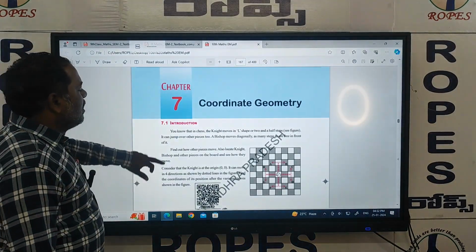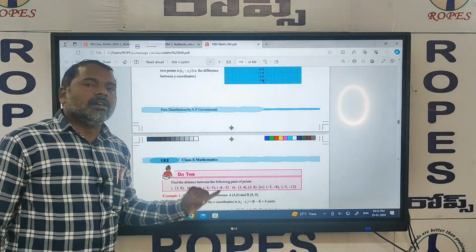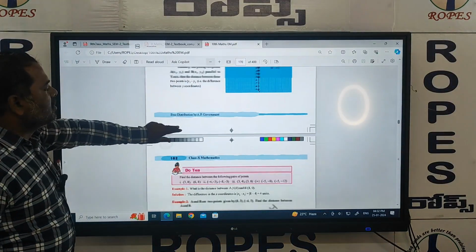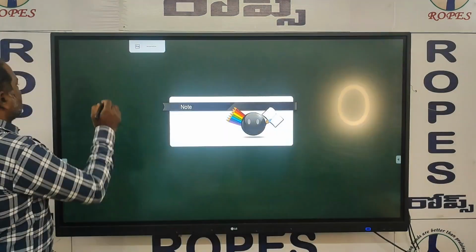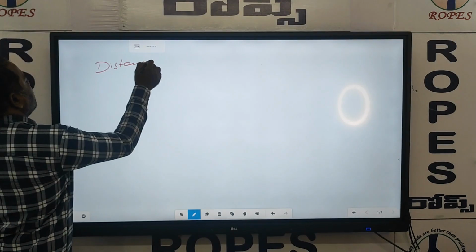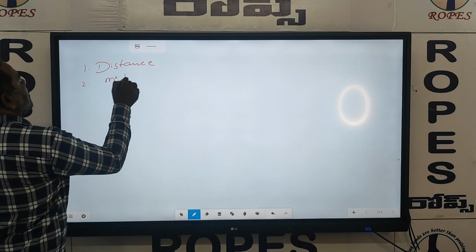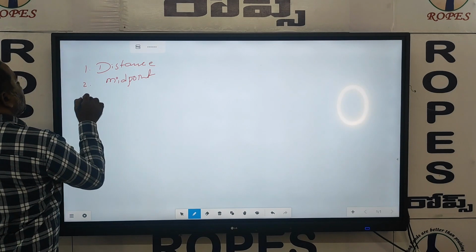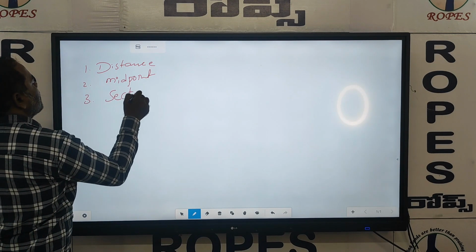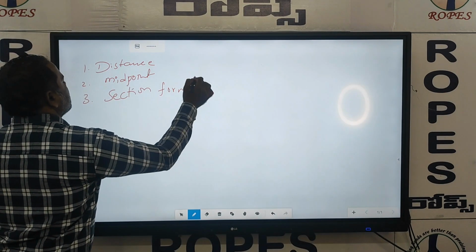See, first of all, in coordinate geometry, distance, midpoint, slope, centroid, these are the formulas we are using. We use the distance formula, the midpoint formula, and the section formula, which is very important.